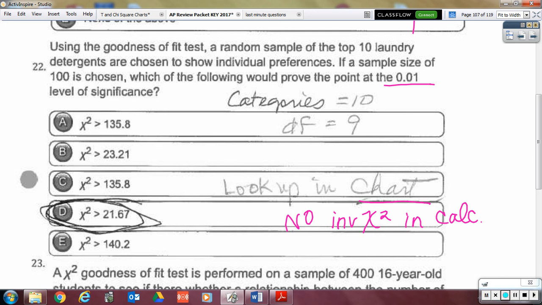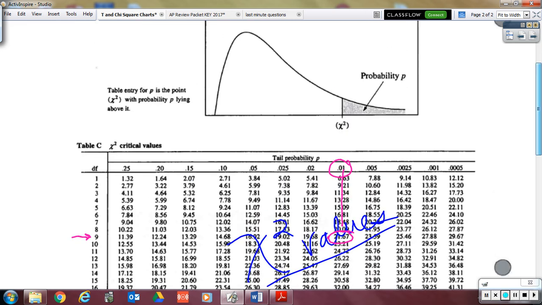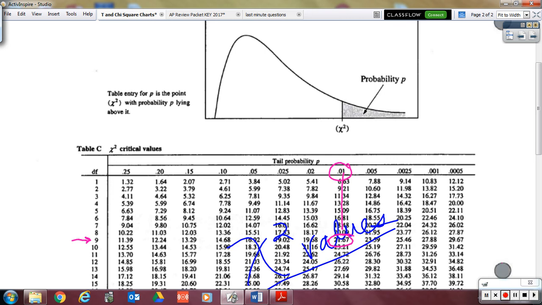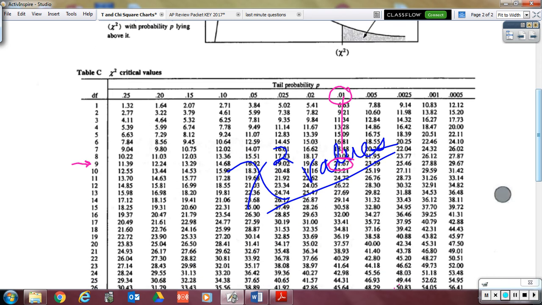Okay, so we have a sample size of 100, but that's not how you get degrees of freedom. Categories, there's 10 laundry detergents chosen, so that's 10 categories. So my degrees of freedom is 9, and I want to find the chi-squared that gives me this p-value. So here's what that looks like. On your chi-squared chart, all of these numbers in the middle are chi-squared values.